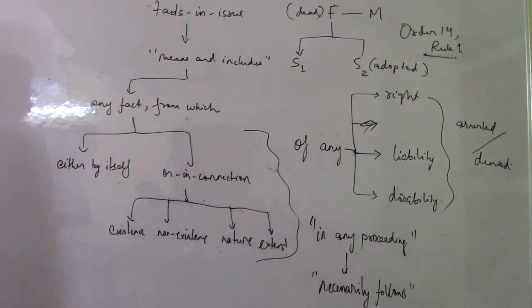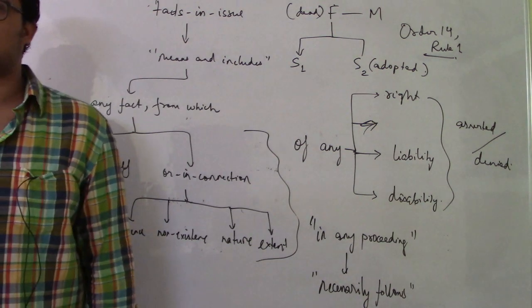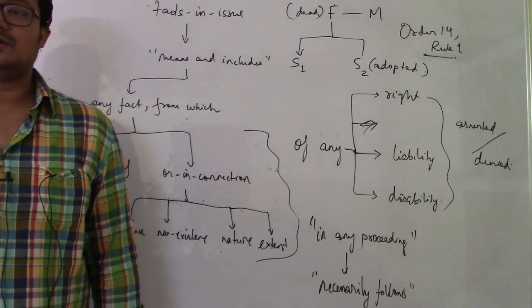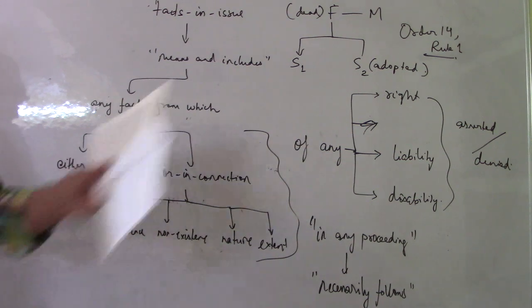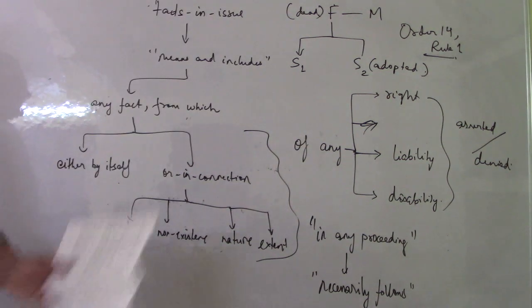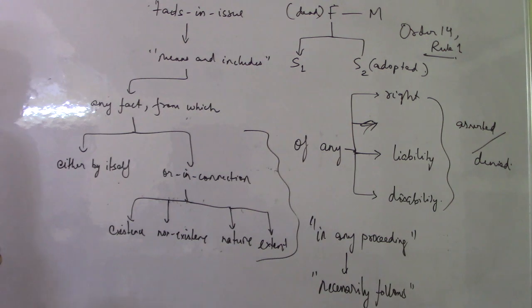Order 14 Rule 1 says what? That an issue will arise when a material proposition of fact or law is asserted by a party and denied by the other, which thereby leads to an issue of fact. In this example that I gave you, under Order 14 Rule 1, what is the material proposition that is being asserted?